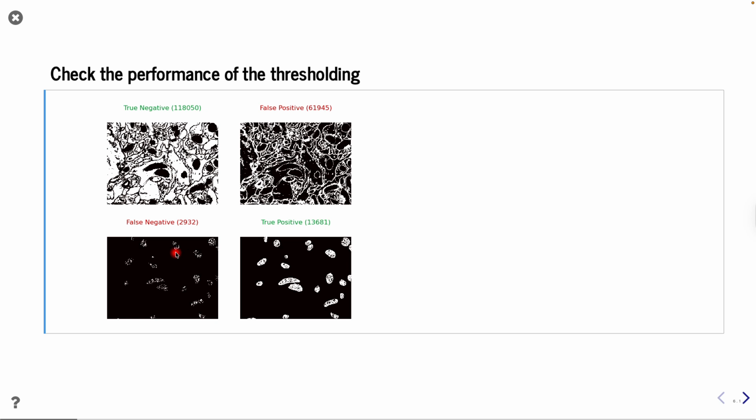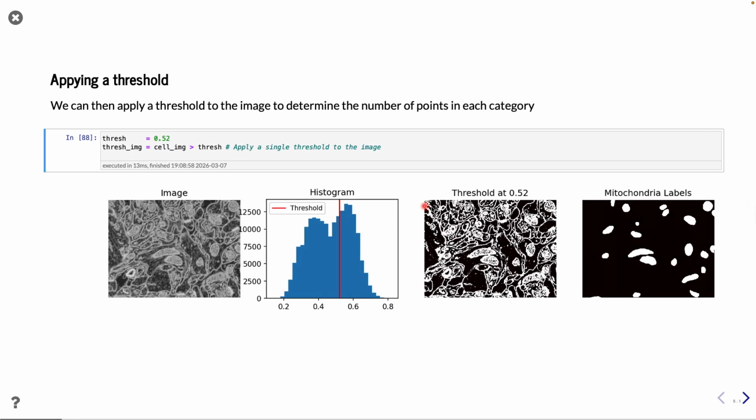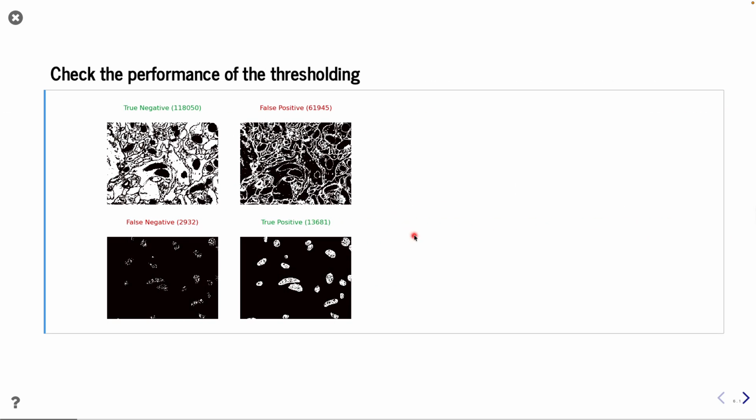Apparently, with this threshold, we don't do very many false negatives, but that's also due to the fact that we don't have so many mitochondria. So they are more rare. I don't know, it's maybe 10% of the image, so there is not so big chance to do a false negative. And then we have the true positives, which look pretty okay, and the false positives look like the whole network behind that is misclassified.